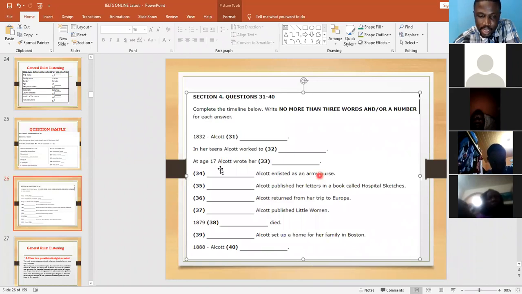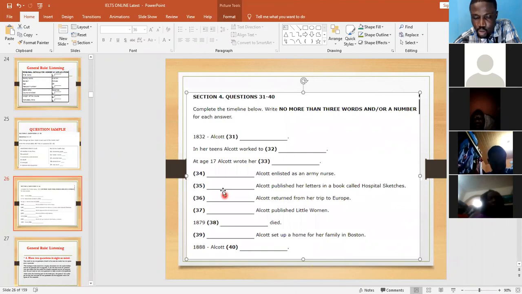Immediately you get it, you will understand that when you get to 34, you are looking for a date or a timeline, a reference to a particular time. But if it is this side that is missing, you are waiting for an action. Immediately age 17 is mentioned, you are waiting for what did she write. Immediately 35 is mentioned, you know that Alcott published a letter in a book called Hospital Sketches.